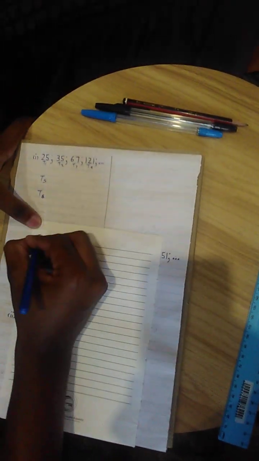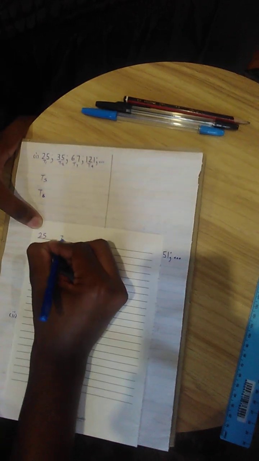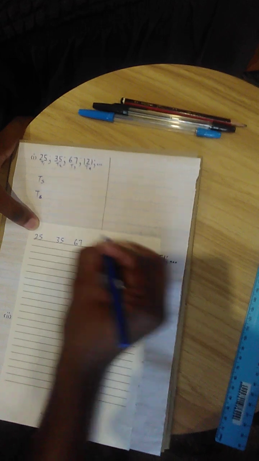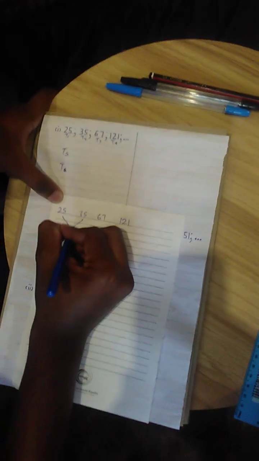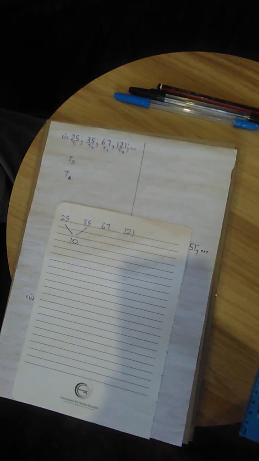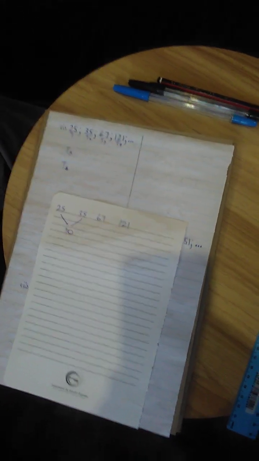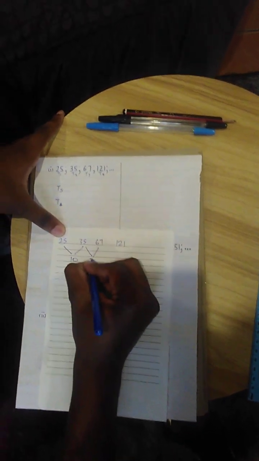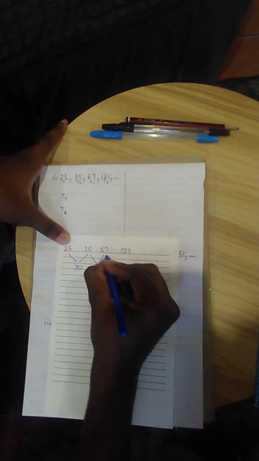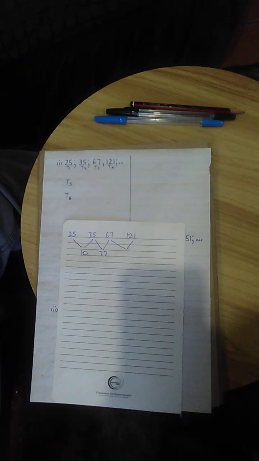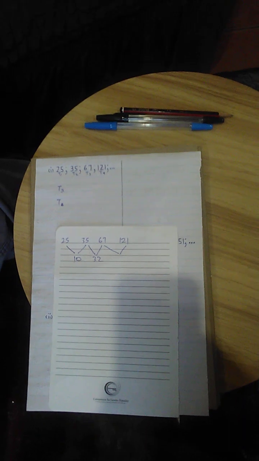So let's just write them down. 25, 35, 67, 121. 35 minus 25, we get 10. 67 minus 35, wow, 32. And then 121 minus 67, 54.